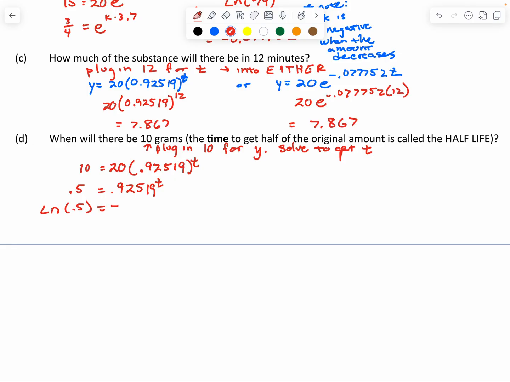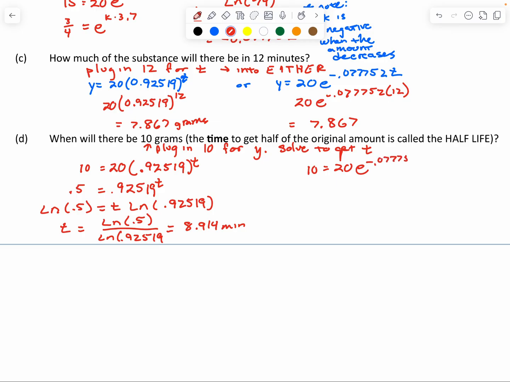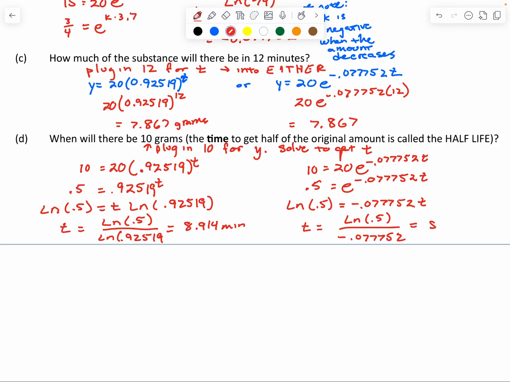Pop the exponent as I go. Okay. It's a miracle it's all the same.